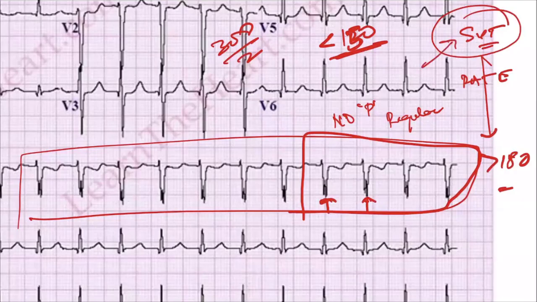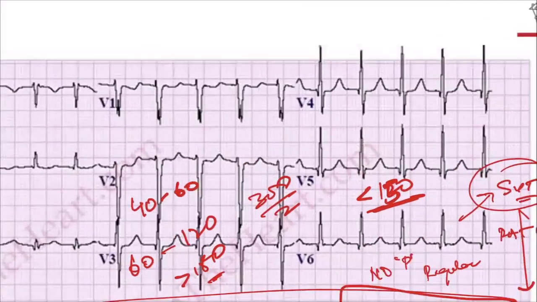The heart rate will help you differentiate between junctional rhythm, accelerated junctional rhythm, and SVT. Junctional rhythm will have a heart rate between 40 to 60. Accelerated junctional rhythm will have a heart rate between 60 to 120. Supraventricular tachycardia will be more than 120, usually more than 180. The definition remains the same: no P wave and regular rhythm.